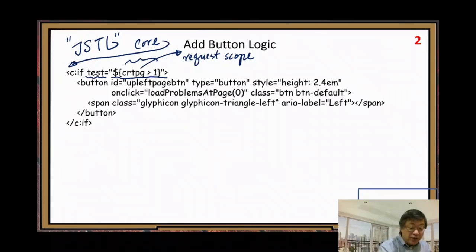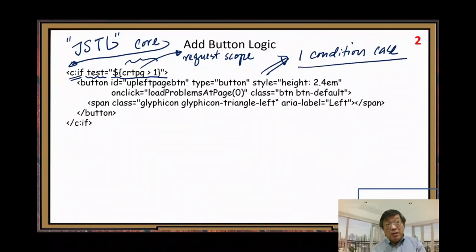And you can see the JSTL C:if tag only checks one condition. No else part, like our usual if statement. We have if, else if, else, right? Things like that. But for the JSTL, if you use the C:if tag, that is the one condition case.